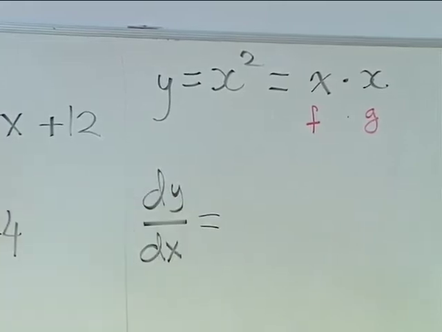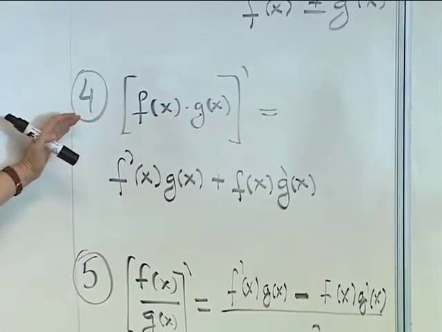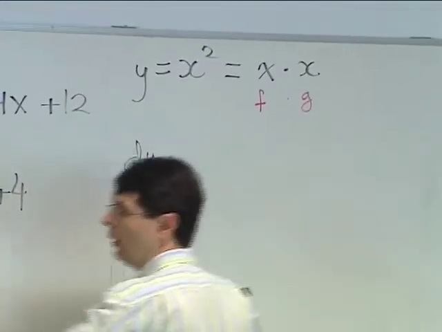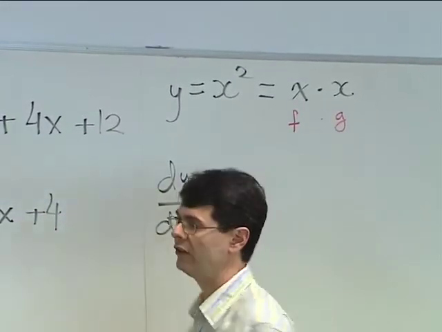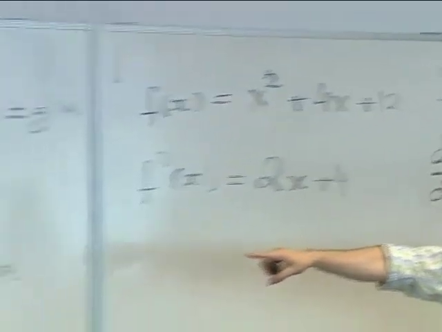And use the formula number 4 here, the product rule. Okay? So what is that? According to the product rule, this is the derivative of x. How much is the derivative of x? It's rule number 2 there.